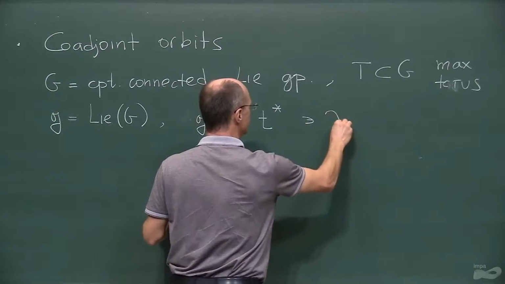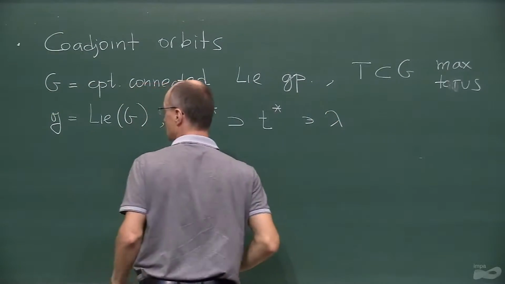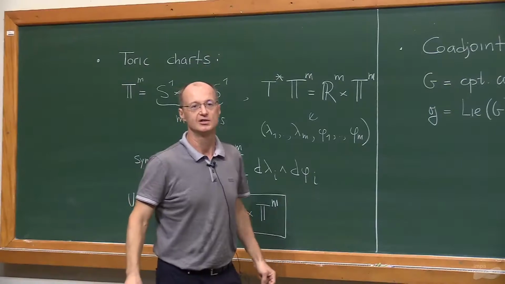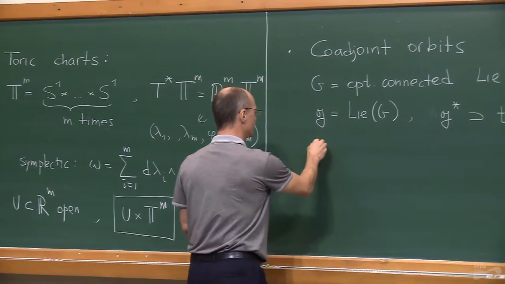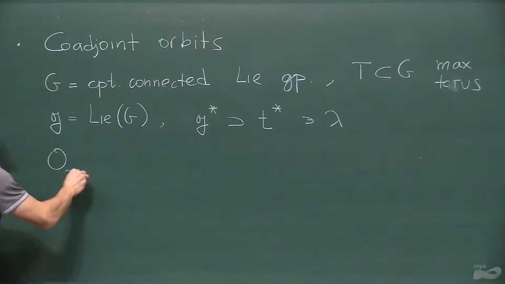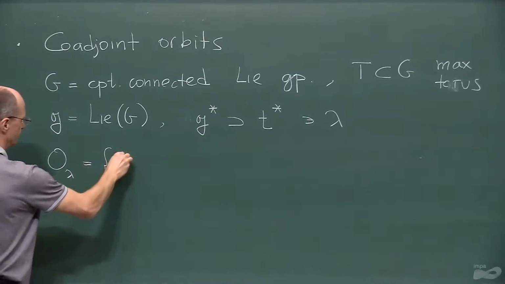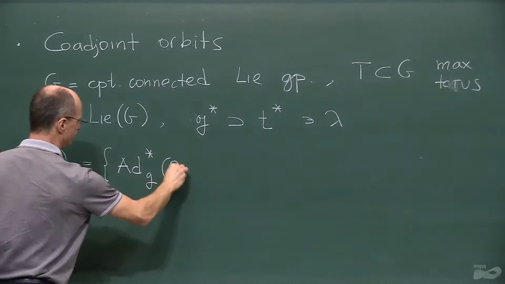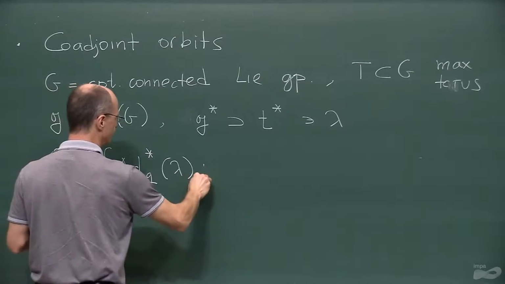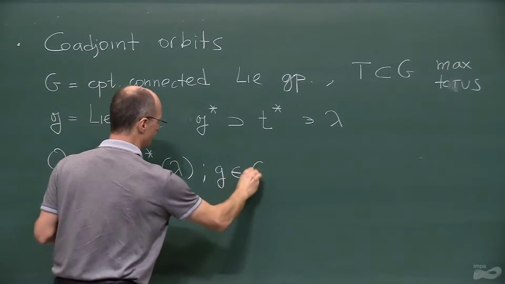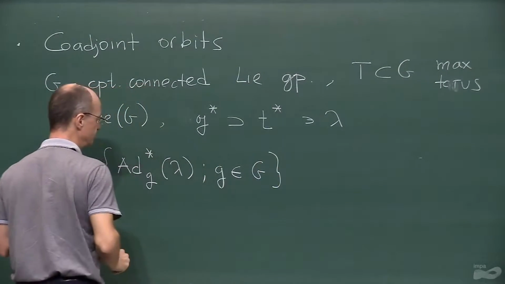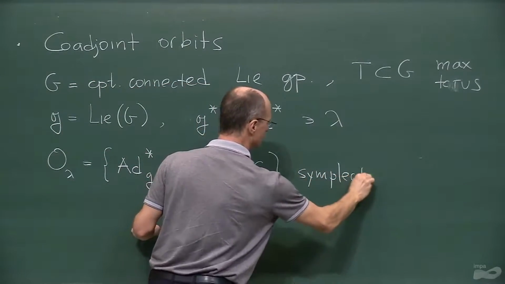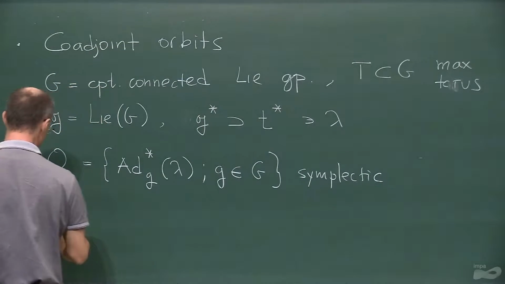And we choose here some element. Well, again, sorry for using the same letter. Usually we call it lambda. So then the coadjoint orbit, O_lambda, is, of course, just the orbit of the coadjoint action. And by the standard wisdom, it is symplectic.